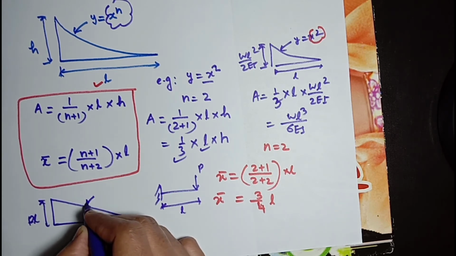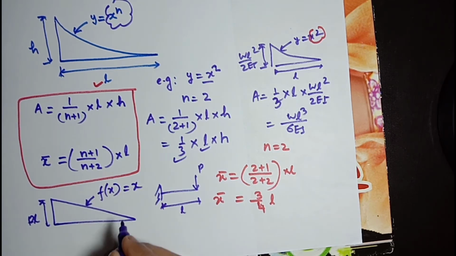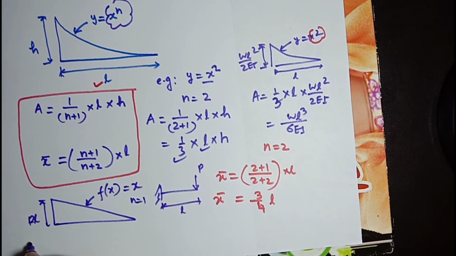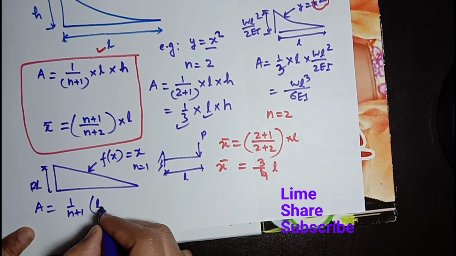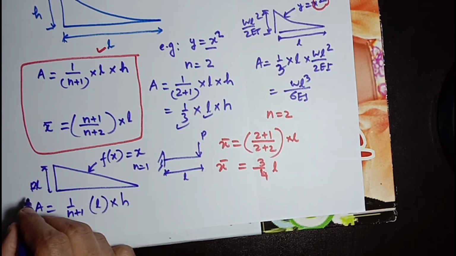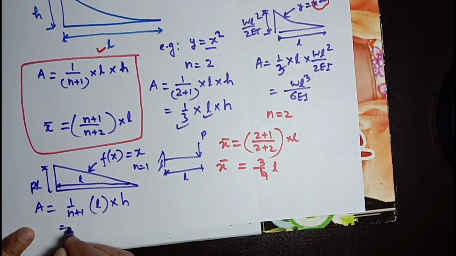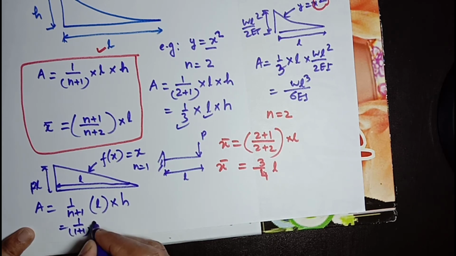Okay, and this is a function of x, and here n equal to 1. So you can say area will be 1 divided by n plus 1, L into H. Here it is PL and this is L. So 1 divided by, here n equal to 1, plus 1, L into H.